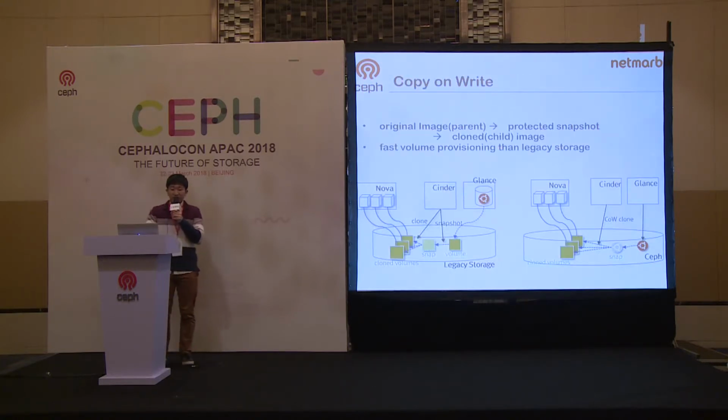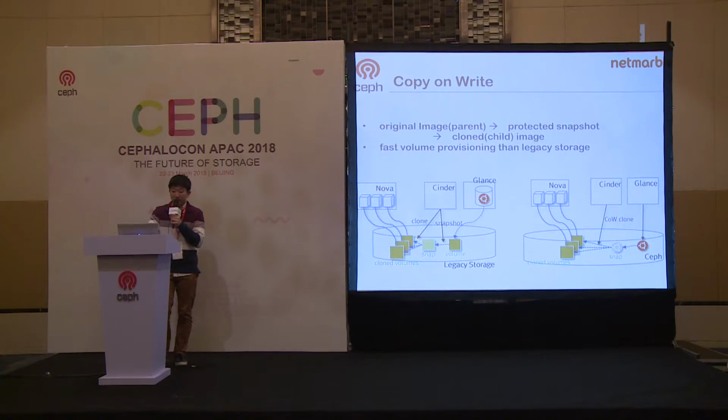Ceph is basically copy-on-write, where it is integrated with OpenStack. A read-only snapshot is created from the original image and a cloned image is created from this snapshot image. Legacy storage has a similar concept, but the difference between legacy storage and Ceph is that Ceph provides the image data store of the Glance service.